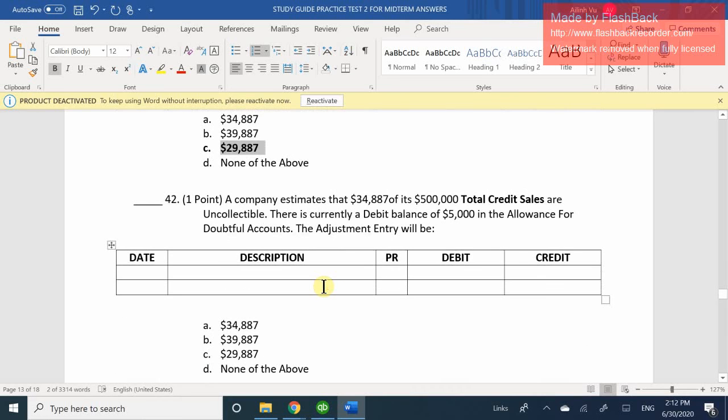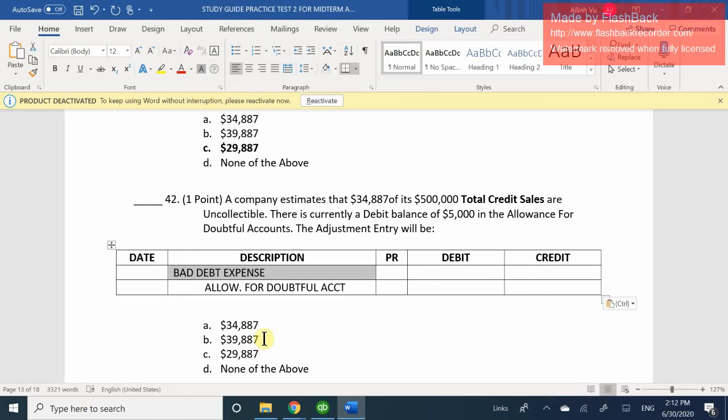And then lastly, a company estimates that 34,887 of its 500,000 total credit sales is uncollectible. There is currently a debit balance of $5,000 in the allowance for doubtful accounts. What is the adjustment entry? We don't care, because we see the keywords total credit sales and 34,887. Right? Good.